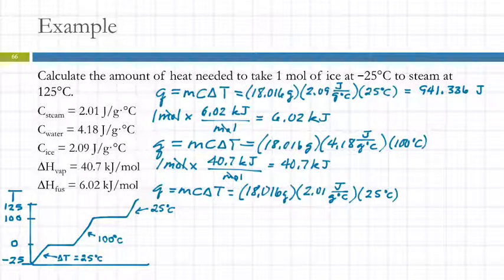So I'm going to pretend that those temperatures are exact. The 0 and the 100 actually are exact. The 125 and the minus 25 aren't, but we're going to pretend that they are. So then the number of significant figures would be limited by the heat capacity. So that would be 3 sig figs.